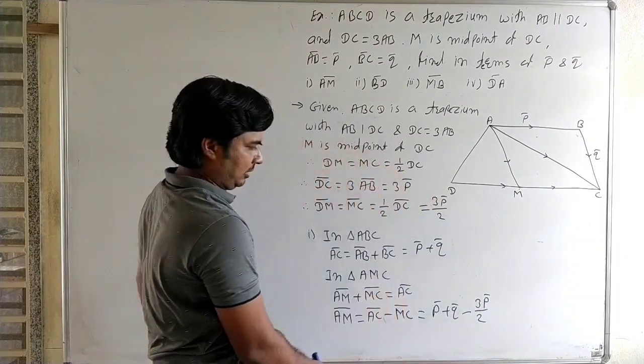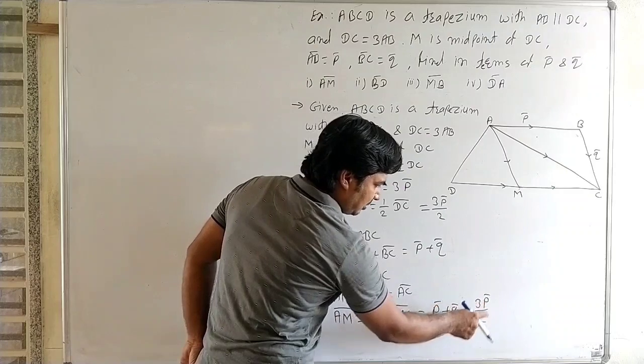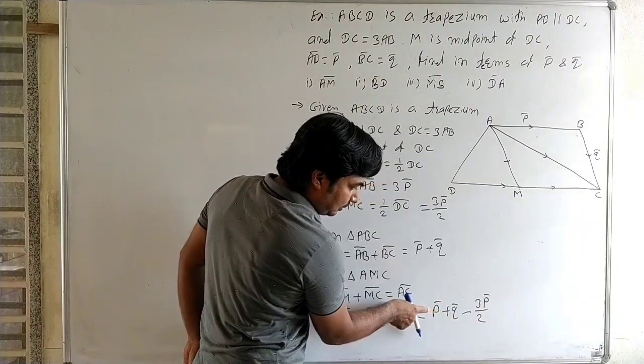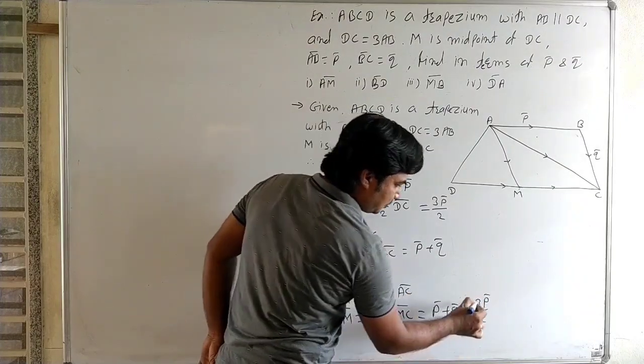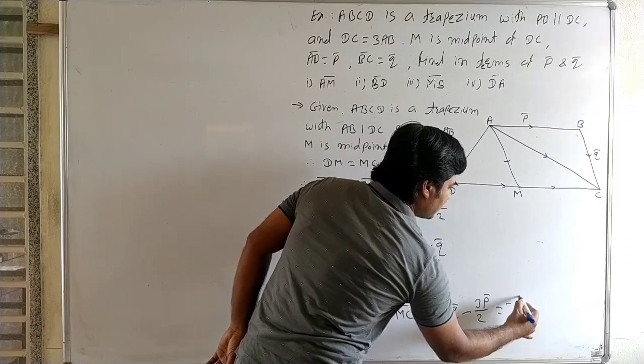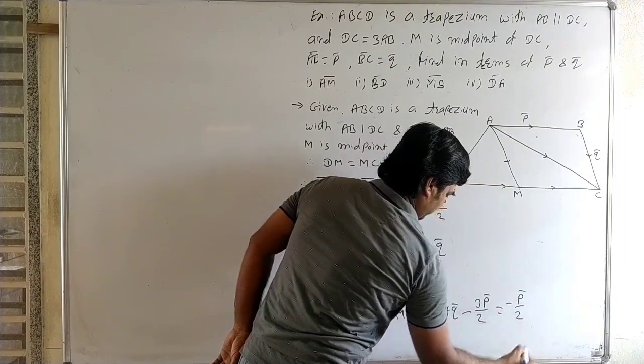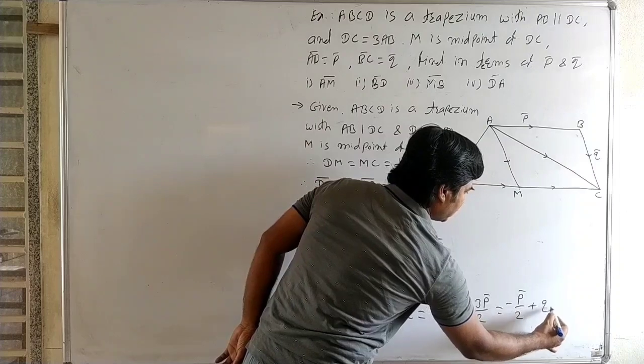Now calculate. P bar is 2 P bar upon 2, so 2P bar minus 3P bar is minus P bar upon 2, and plus Q bar as it is.